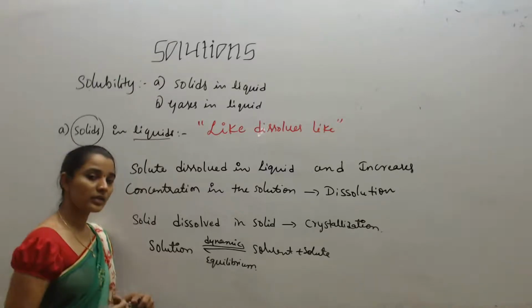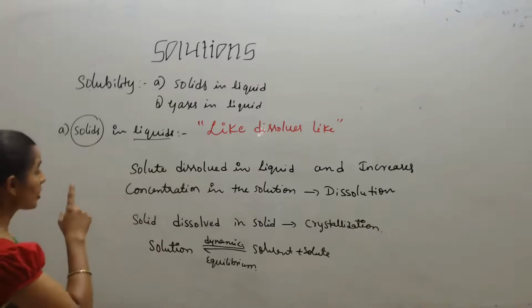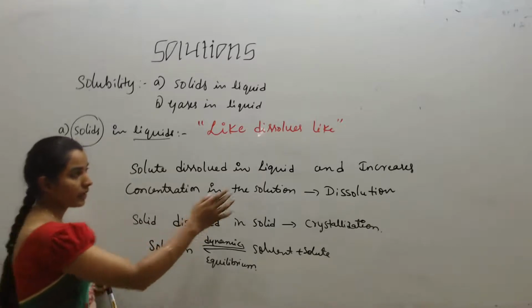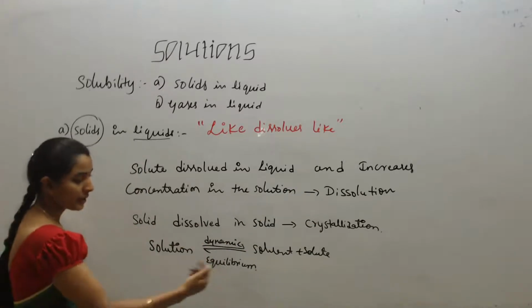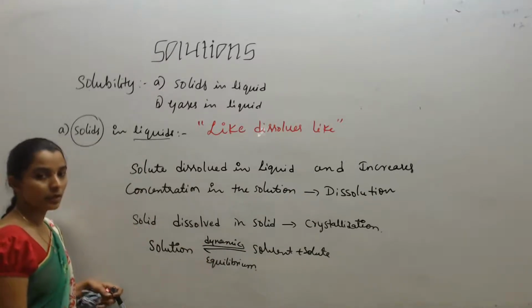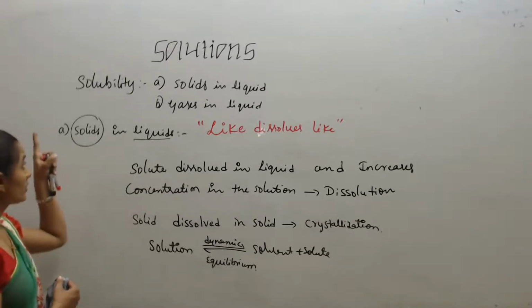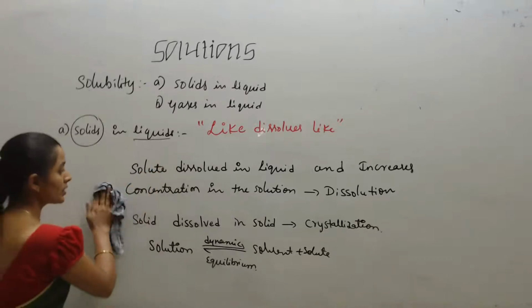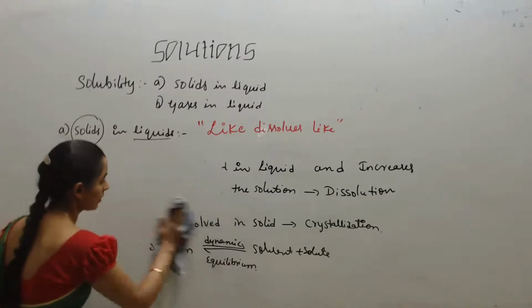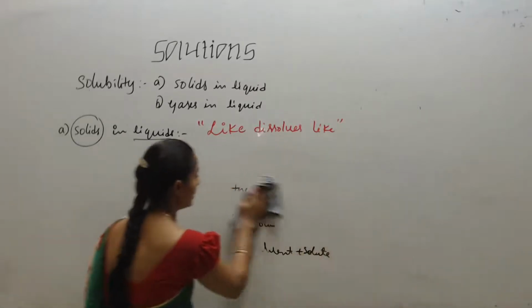If temperature decreases, sometimes dissolution decreases. So this is solids in liquid. This will have dissolution as well as crystallization and a dynamic equilibrium. Okay, so this is all about the solubility of solids in liquids.